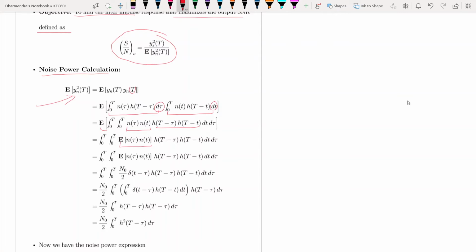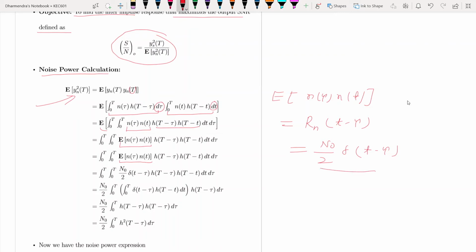So this is the expectation of n tau with n t. This is the autocorrelation of the noise, t minus tau, and the autocorrelation of Gaussian noise can be written like this. So this is the autocorrelation, and this will be this.